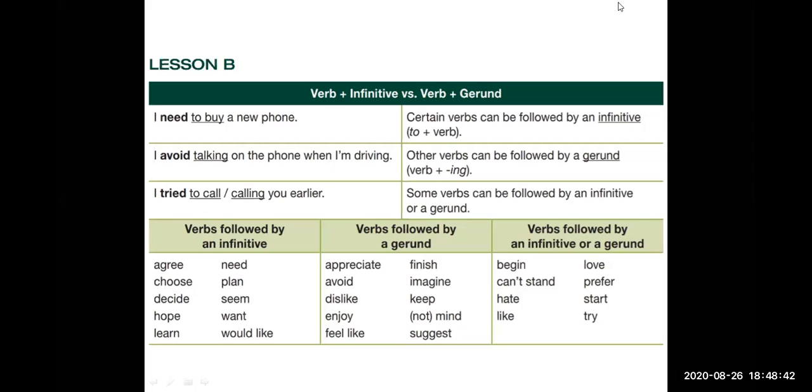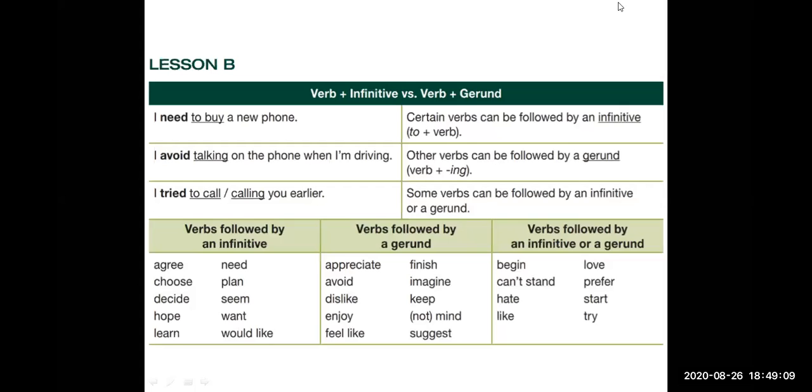Maybe in a more advanced grammar you can say, if you use a verb with an infinitive it means something, and the same verb with a gerund means another thing. It has another meaning. Tiene otro significado. But in this case, you don't know why we have to use these verbs.